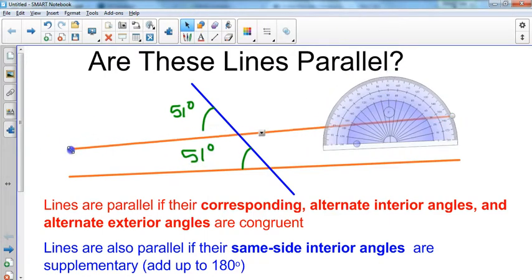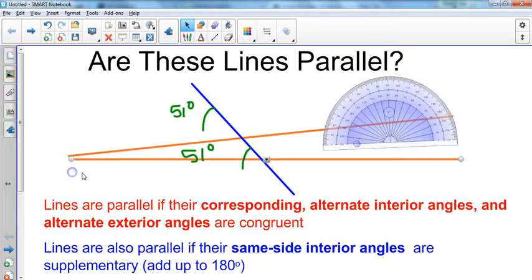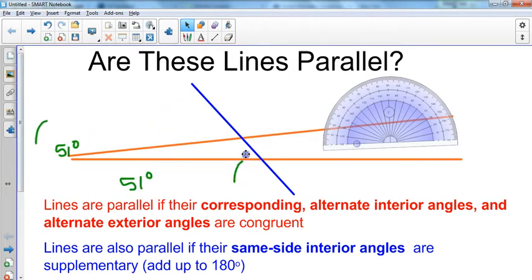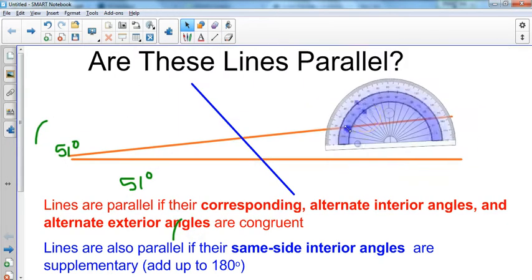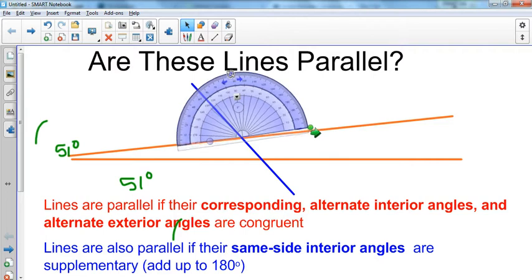Whereas if I made it so that they're not parallel, like these are now obviously, I hope obviously, not parallel. If I were to measure those corresponding angle pairs, whoa, like this one, it looks like that angle is right around 55 degrees.